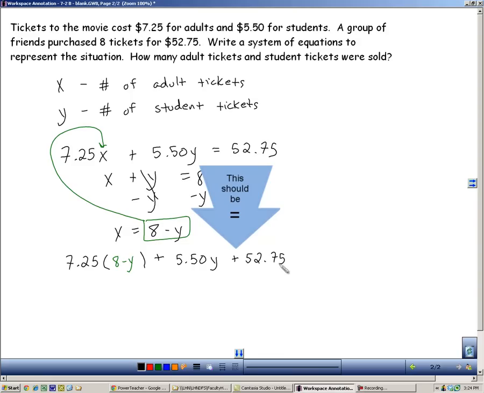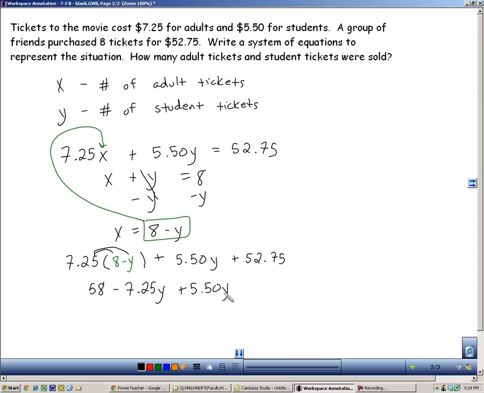So now we're going to use algebra. $7.25 times 8 is $58 minus 7.25y plus 5.50y. Oh, I made a mistake here. This should be an equals here. So equals 52.75. There we go.